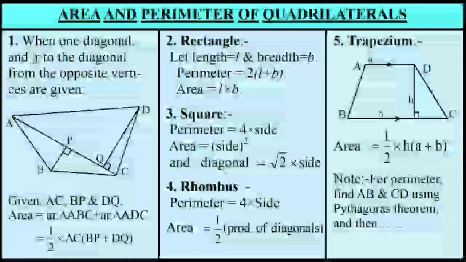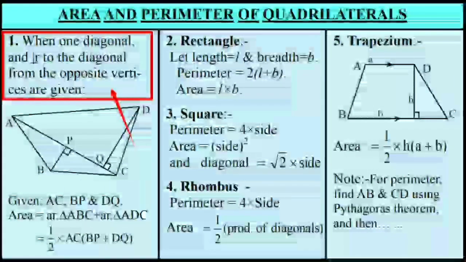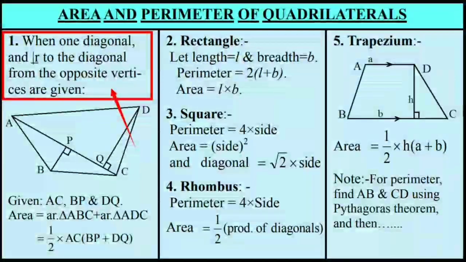Now, before we continue, let's discuss area and perimeter of quadrilaterals. Case 1. If in a quadrilateral, one diagonal is given and the perpendiculars drawn on the diagonal from both the opposite vertices are given.